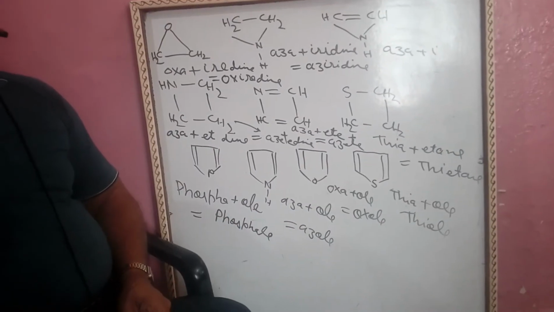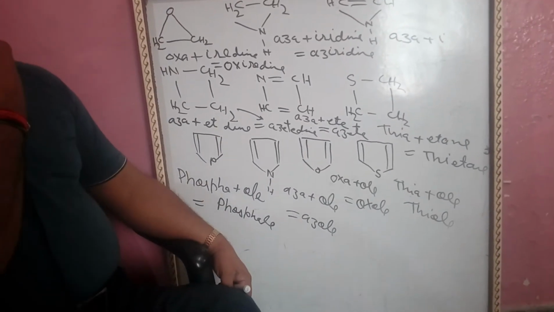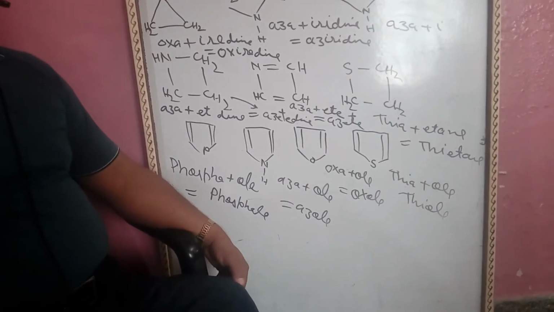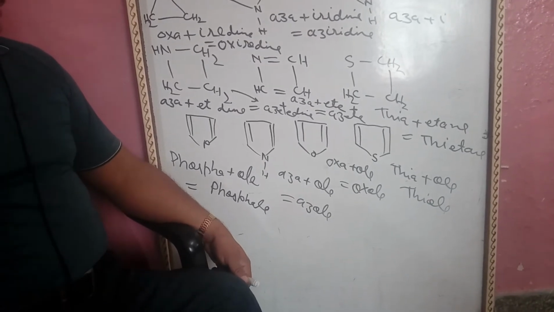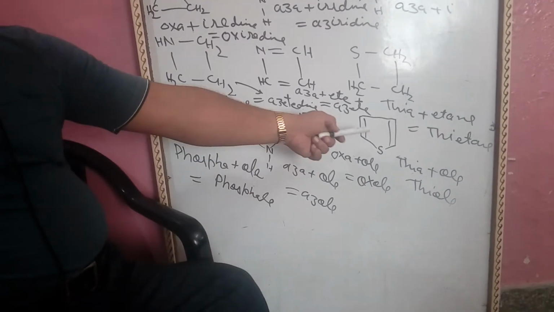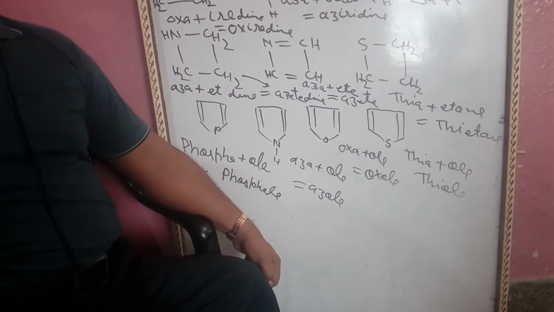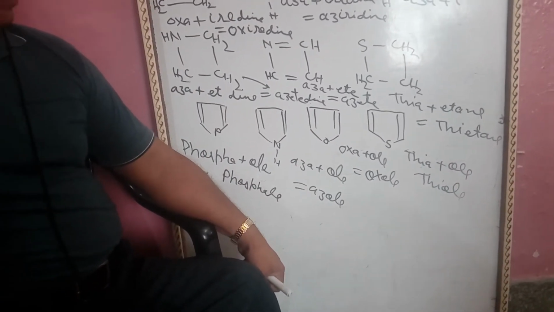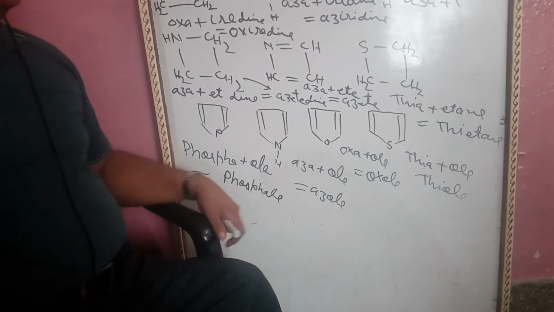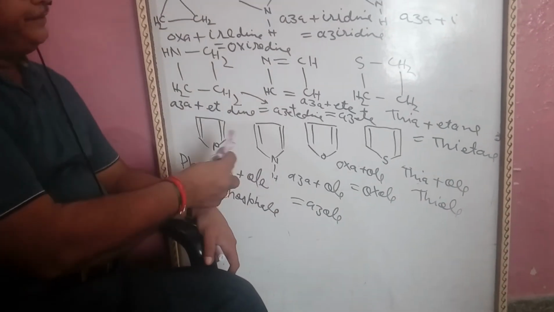This compound also has the name furan, which is its trivial name but recognized by IUPAC, and this compound's trivial name is thiophene, which is also recognized by IUPAC. Now another example.